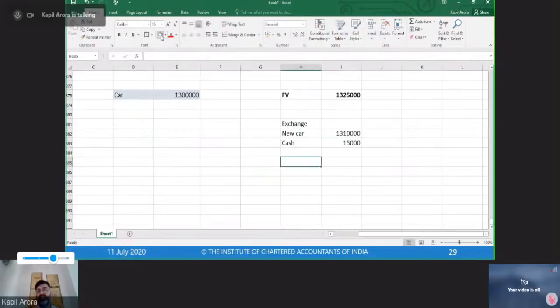So the value of the asset coming in is again 13 lakh 25,000. Generally speaking, the asset moving out has the same value as the asset coming in.